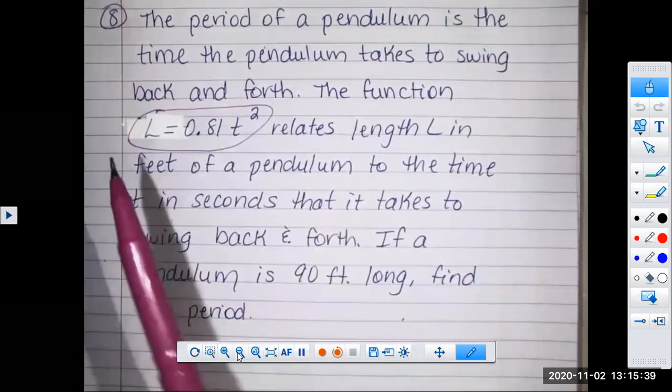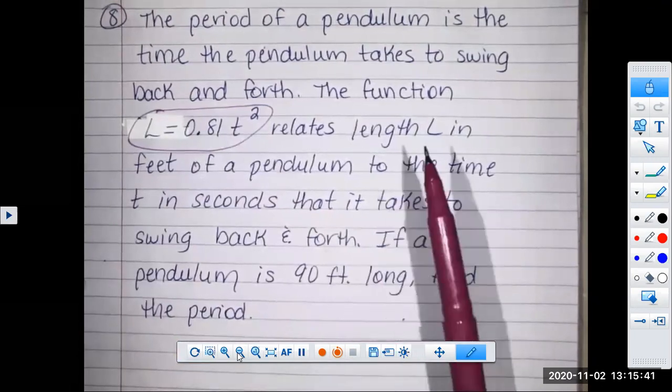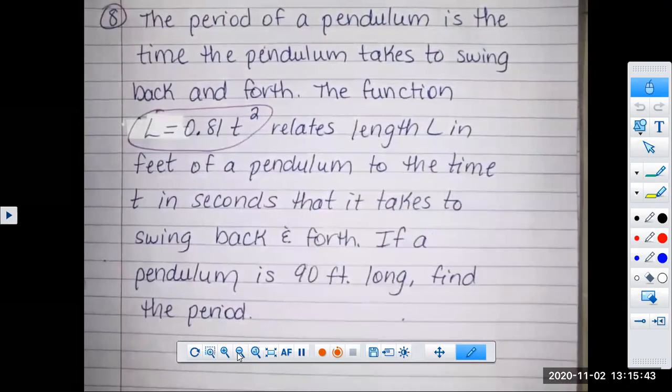This function represents the length L in feet and time that a pendulum takes to swing back and forth. So there's a convention center that actually has a huge pendulum that's 90 feet long. If the pendulum is 90 feet long, then find the period.